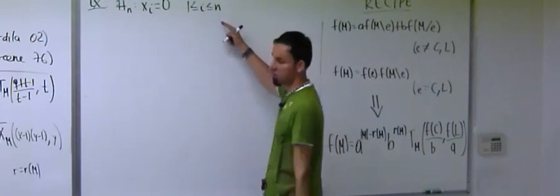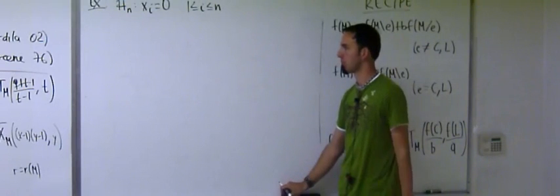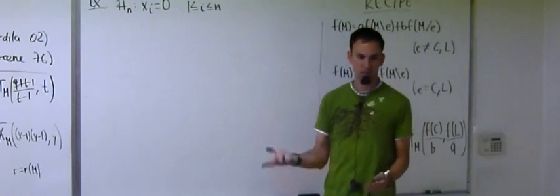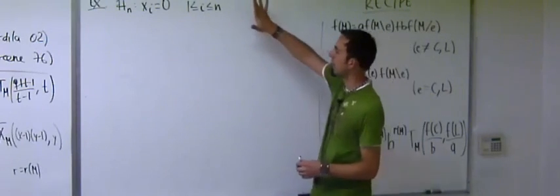I want to compute the Tutte polynomial for this arrangement. Now remember, the idea is the arrangement defines a matroid, and the matroid has a Tutte polynomial. So I want to compute this guy.